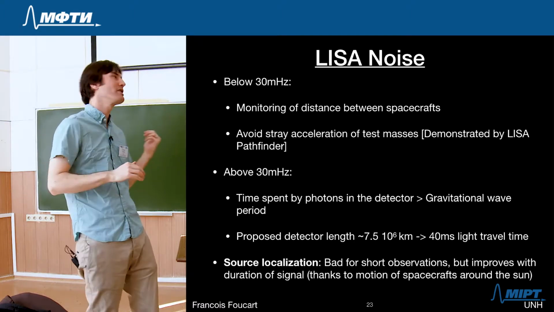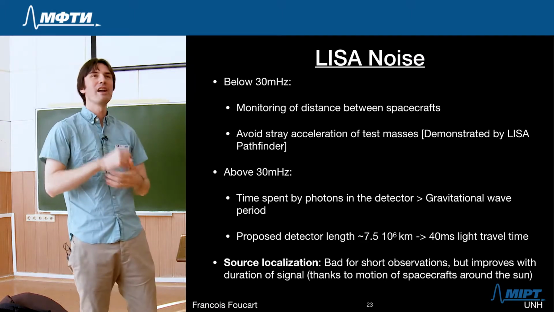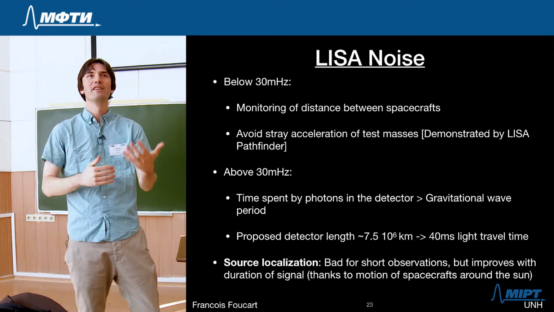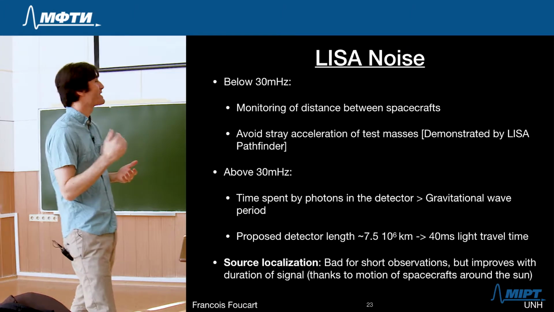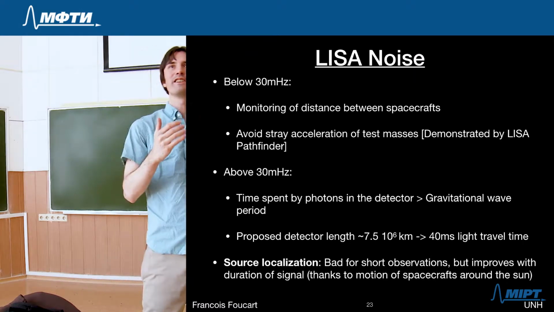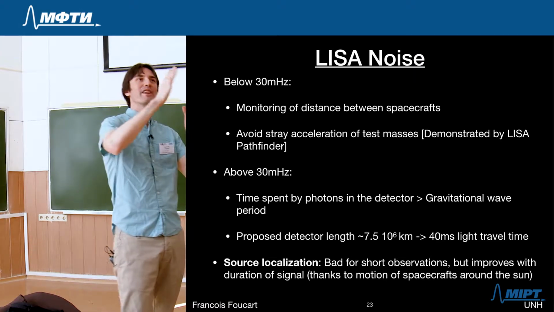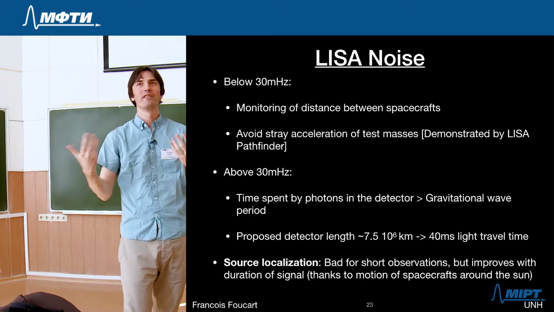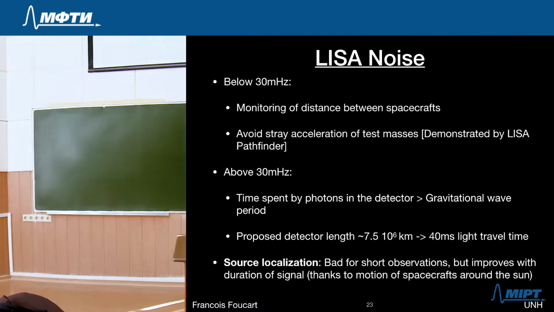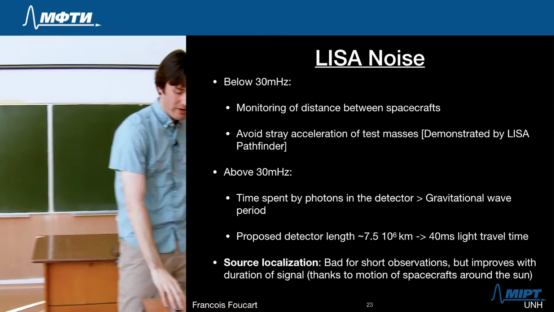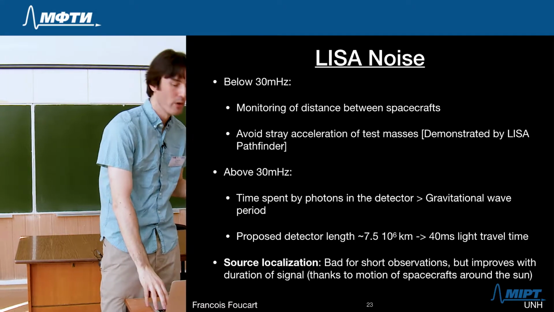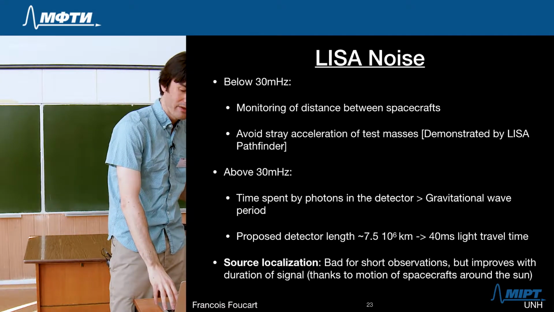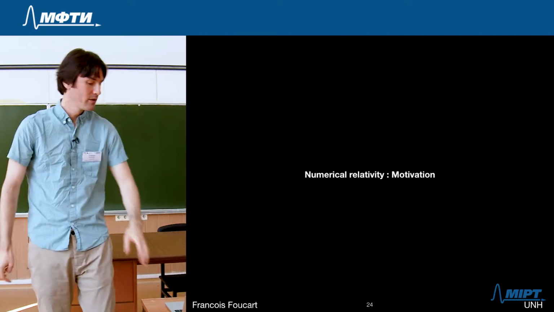And most of the LISA signals actually last weeks to years. So for those, LISA is capable of getting good sky localization because it itself gets multiple polarizations of the gravitational waves as it rotates around the sun. So the localization depends on what kind of signal you are looking at. But for many signals, it will actually be pretty good at localizing sources.